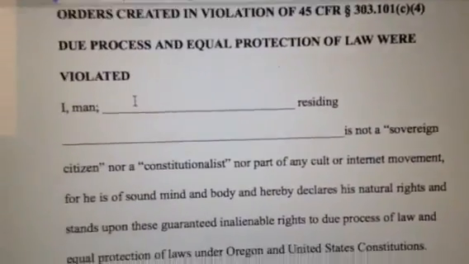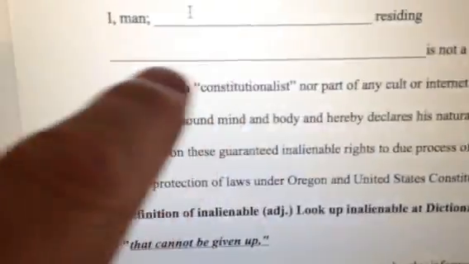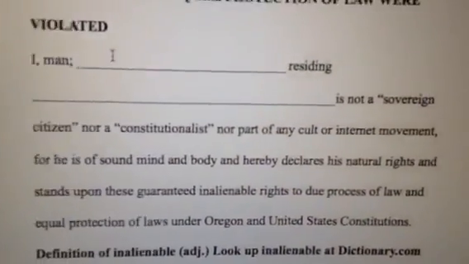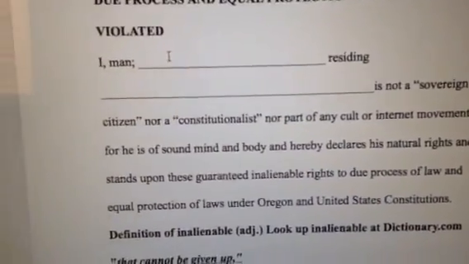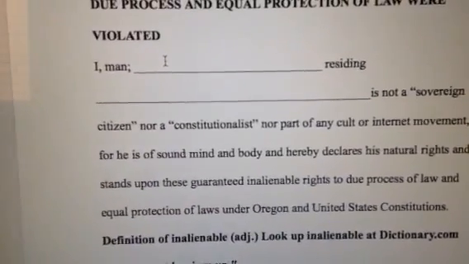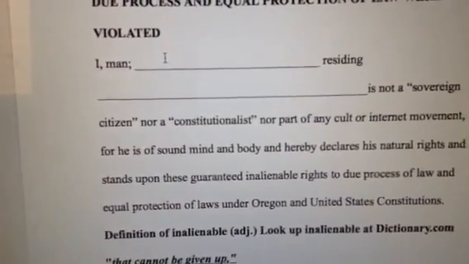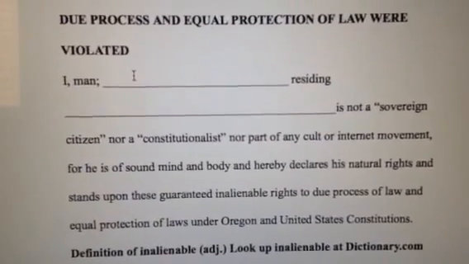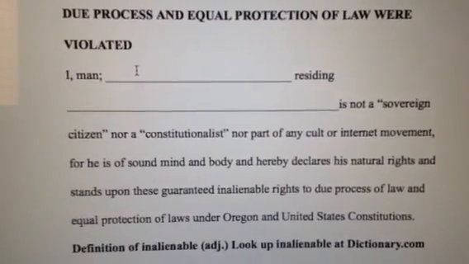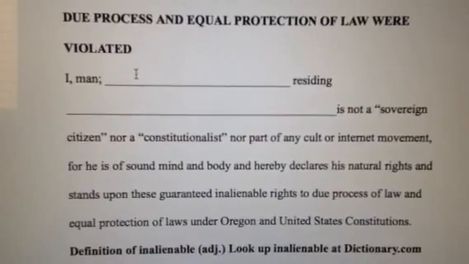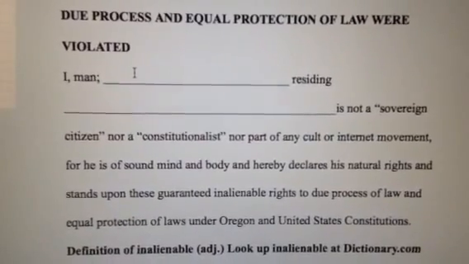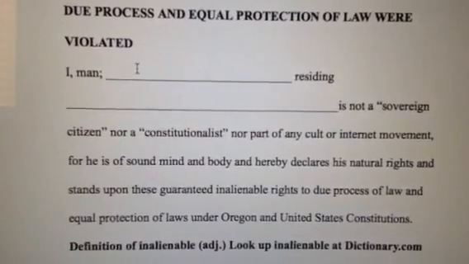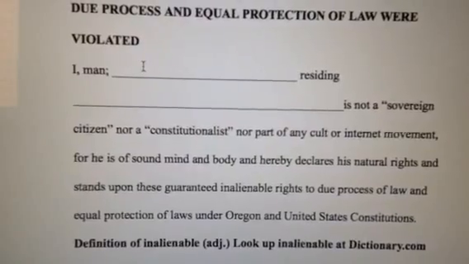Okay, so what I put down, you're going to say, "I, a man," your name there. You're going to put your address, residing. You're going to put your address, and what I say is not a sovereign citizen, nor a constitutionalist, nor part of any cult or internet movement, for he is of sound mind and body, and hereby declares his natural rights, and stands upon these guaranteed inalienable rights.